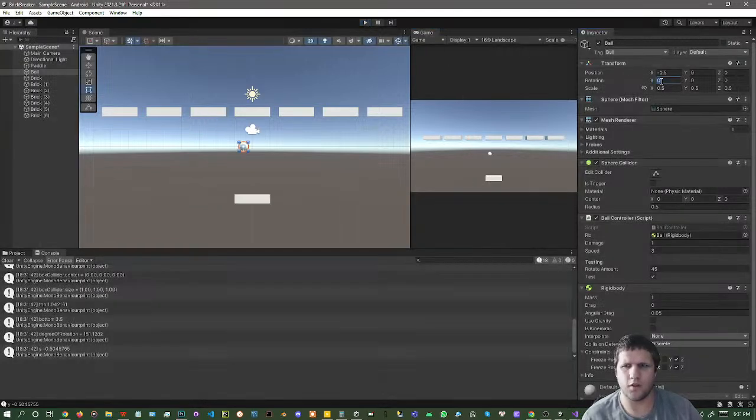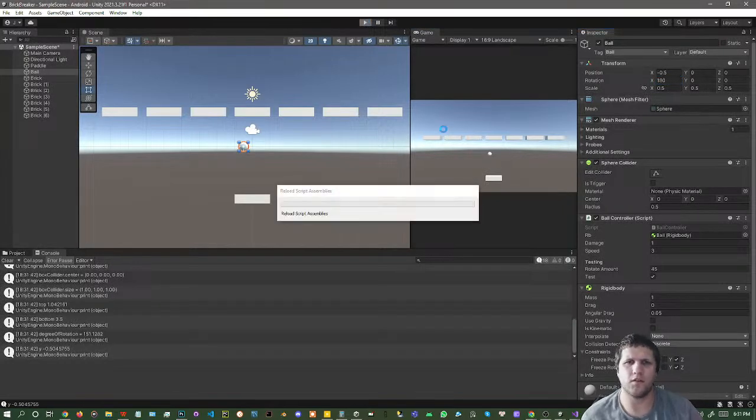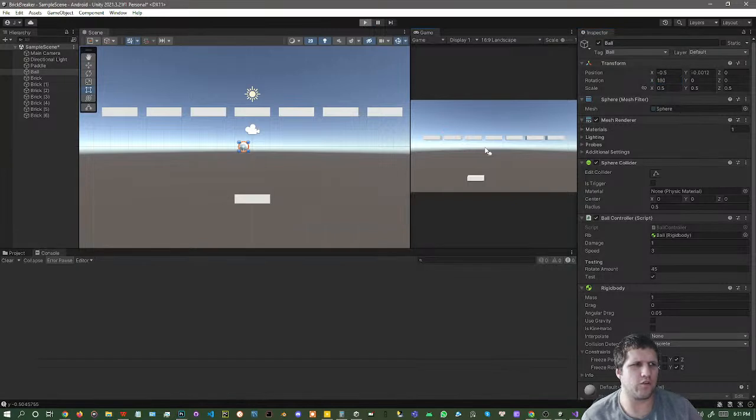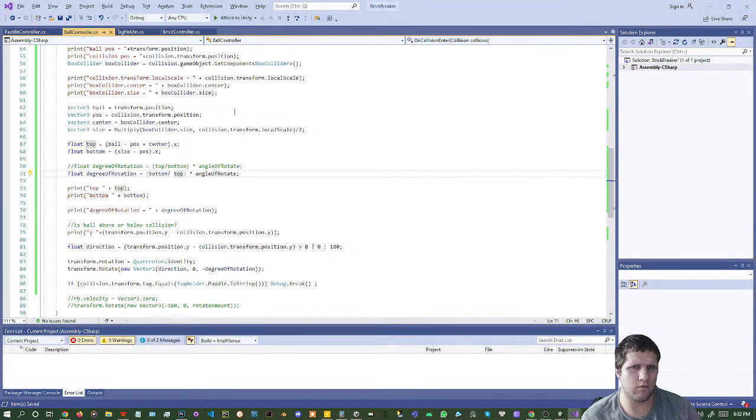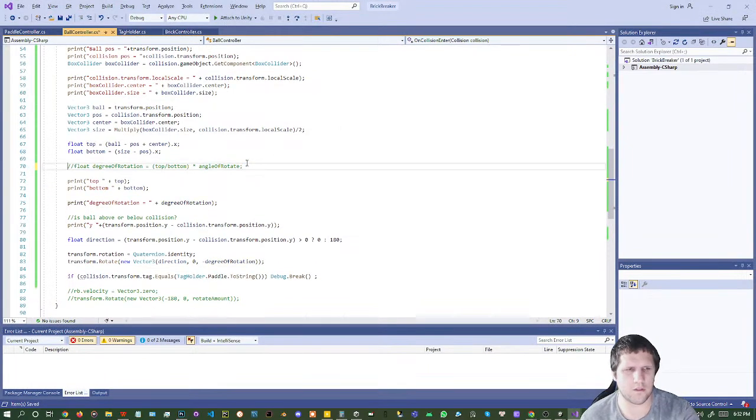Okay, so it definitely doesn't work for the bricks. But let's see if it works for the paddle. A degree of rotation of negative 67. No. So that's definitely not the solution. Should have known.